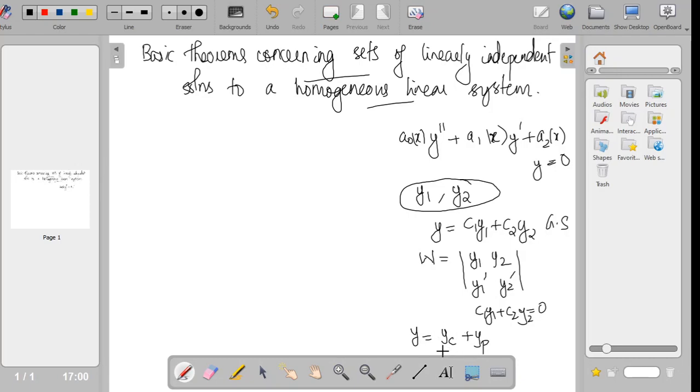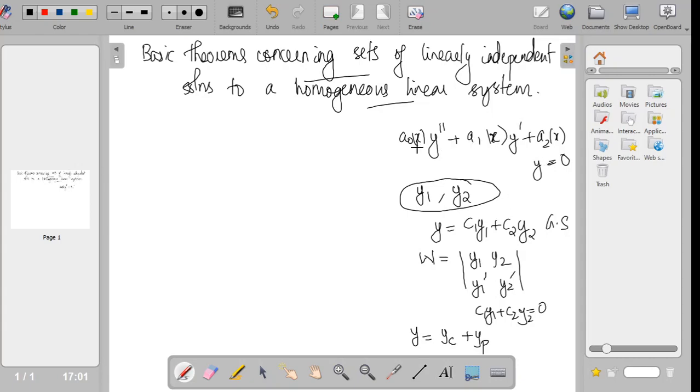Here yc is the general solution of the associated homogeneous equation, and yp is the particular solution, that is any solution which satisfies the non-homogeneous equation. So this is the form of the general solution of a homogeneous equation, and for a non-homogeneous equation this will be the form of the solution. In a second order equation, the general solution will contain exactly two arbitrary constants.